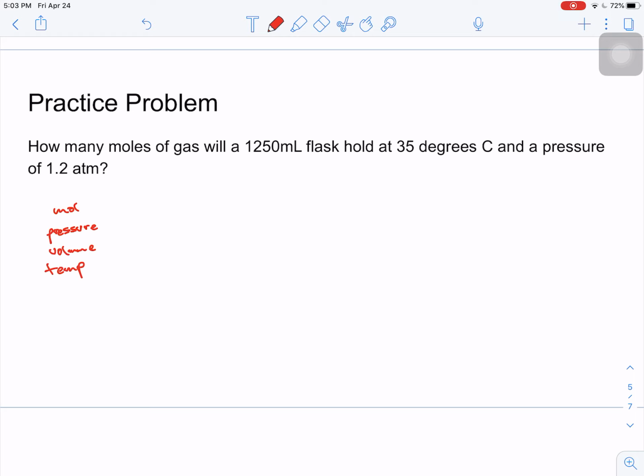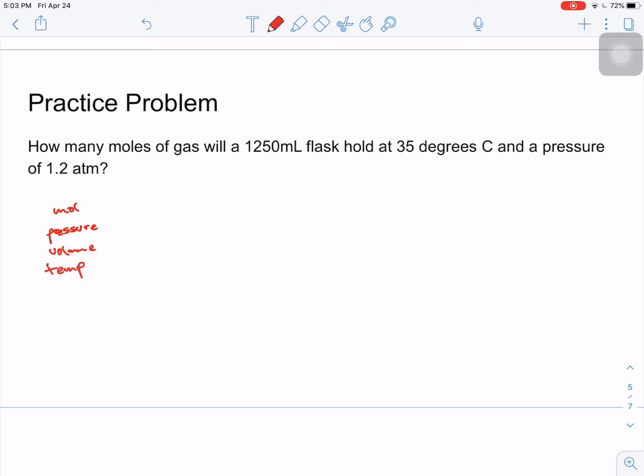If you have a question that gives you some of these bits of information and asks you for some of these bits of information, you're probably going to be using this gas law. Another way is if it's telling you that you have a pressure at one point and then you expand or you contract and you change your pressure, if you're going from one pressure to another, you might not be using this law. This law is just for at one point, to find your missing variable.